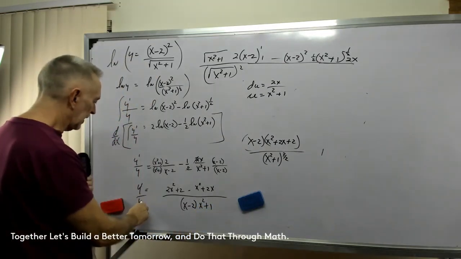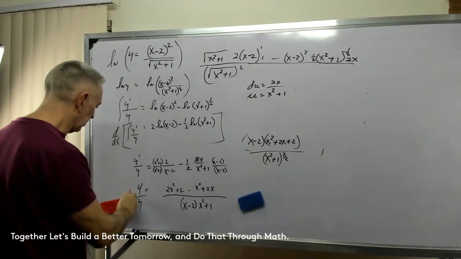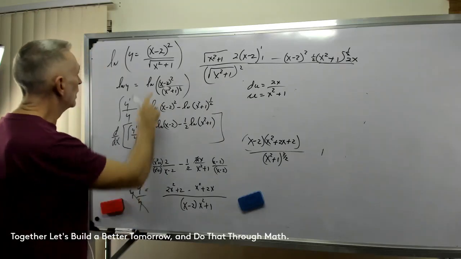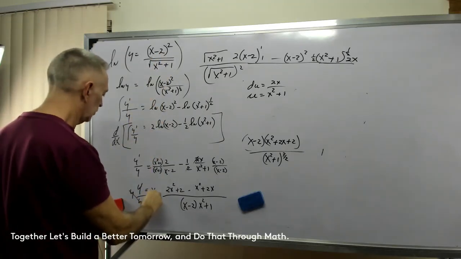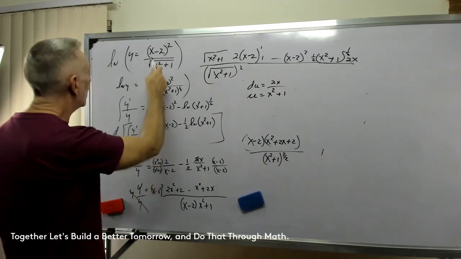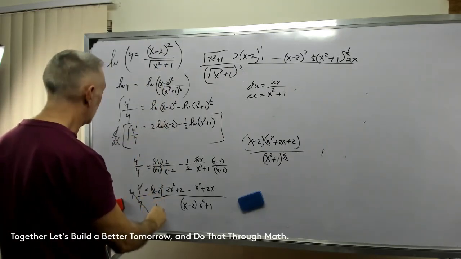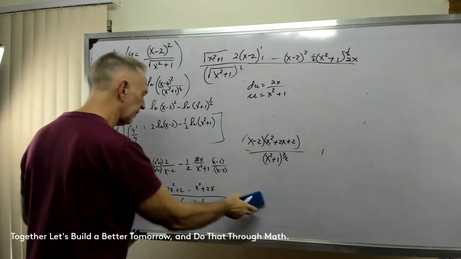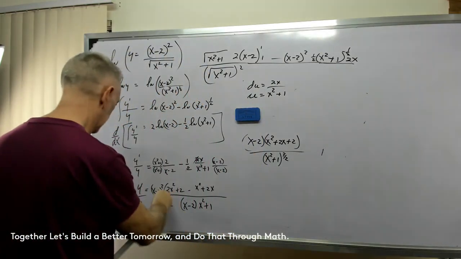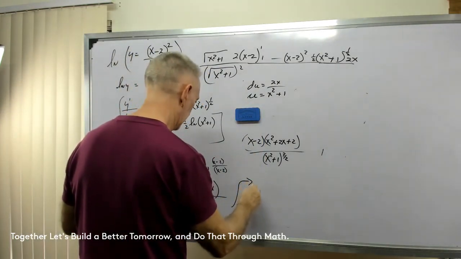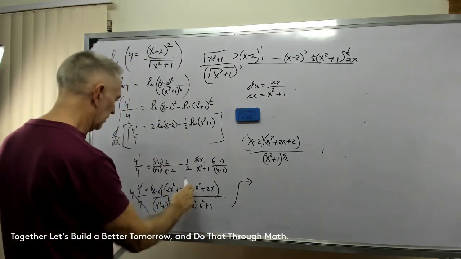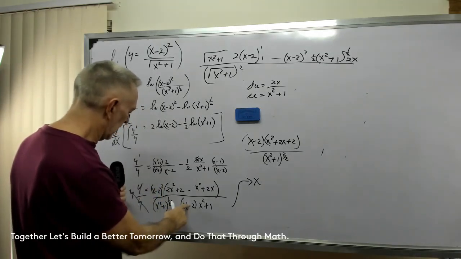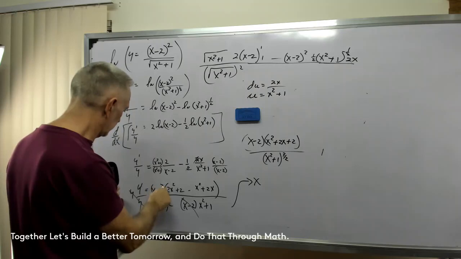Now I can multiply both sides by y. That cancels, but what is y? (x minus 2) squared divided by (x squared plus 1) to the 1/2. All right, let's simplify here. Let me write (x minus 2) squared divided by (x minus 2). That one cancels, and this one goes to 1.